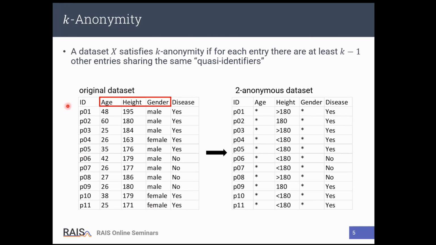We've seen last time that it is not sufficient to just remove their names, because there might be some attributes that allow re-identification.